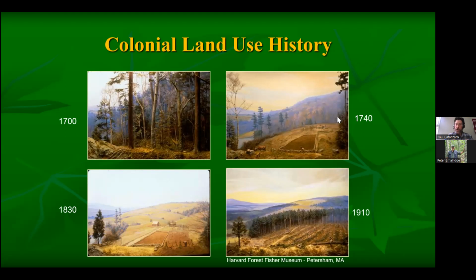So part of what I'm hoping to give you in this 30-second history lesson is the reality of the fact that our forests have a long history of this intensive land use history, and have been cleared for the most part, probably twice, giving us the forests that we have today.